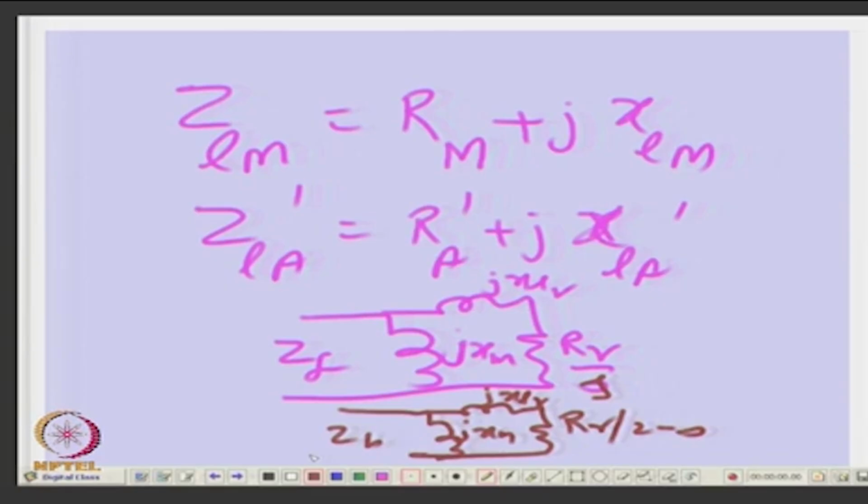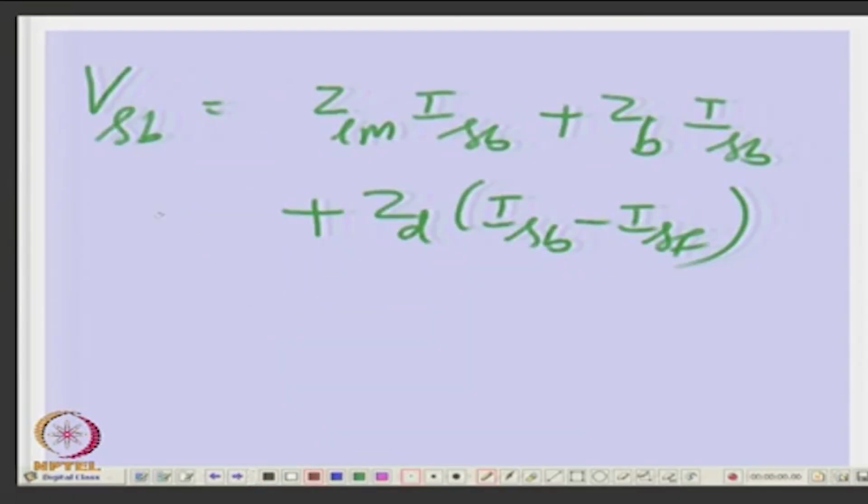So, you know you can calculate ISF ISB, from ISF ISB you can calculate IM IA, okay, main winding, and you can also find out what is the, this will be IRF, this will be IRB, is not it. So, you have all these governing equations.